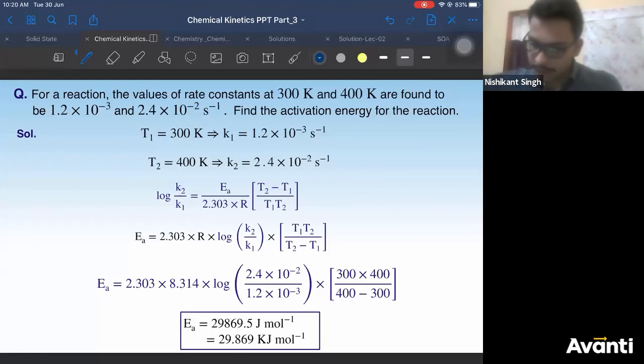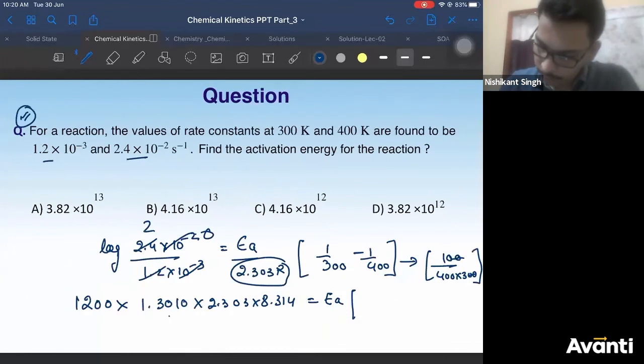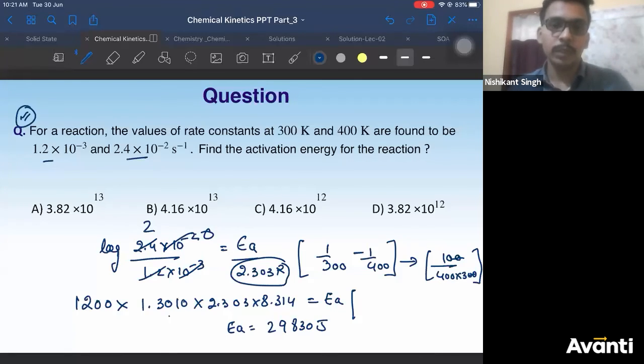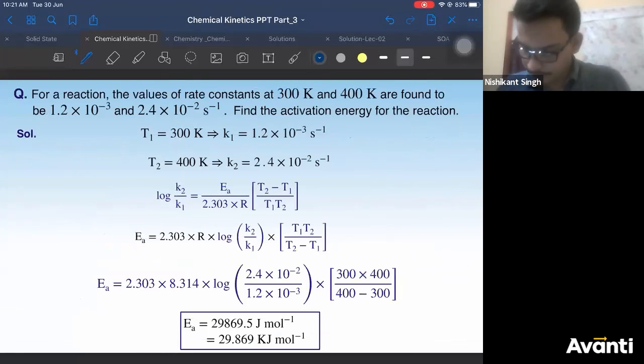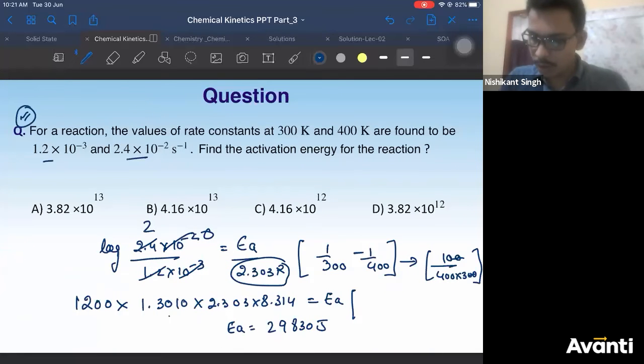None of the options are correct. So it should be 29 point. If you are making it in joule, it is 29830 joule. Right? Yeah. In kilojoule, it is 29.8 kilojoule. So none of the answers are satisfied. So none of the above is the correct answer.